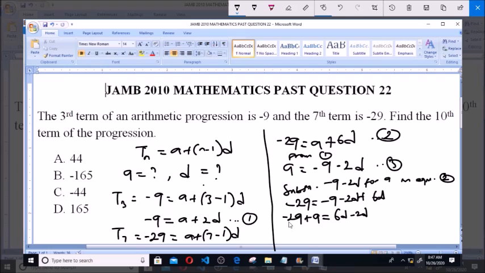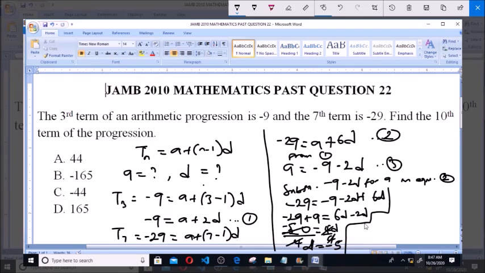Minus 29 plus 9 gives us minus 20 is equals to 4D. Now divide both sides by the coefficient of D, which is 4. Minus 20 divided by 4 gives us minus 5, meaning that D is equals to minus 5. So the common difference is minus 5.